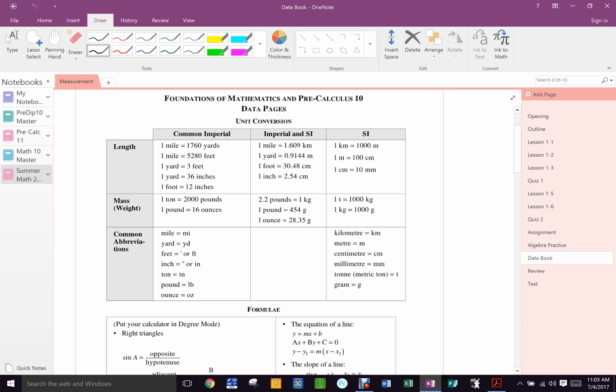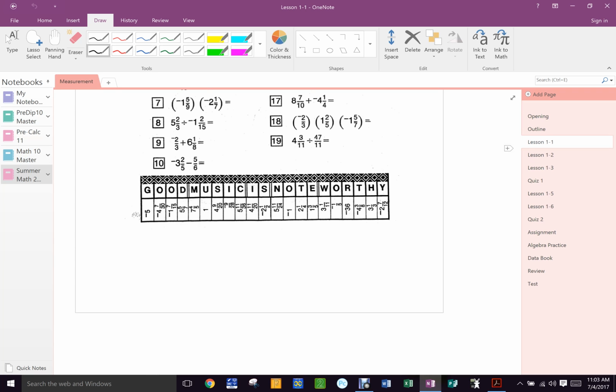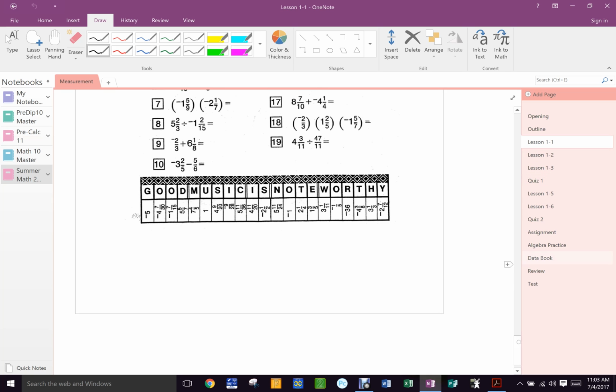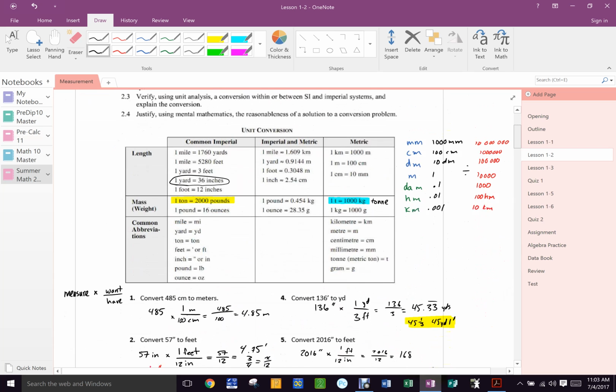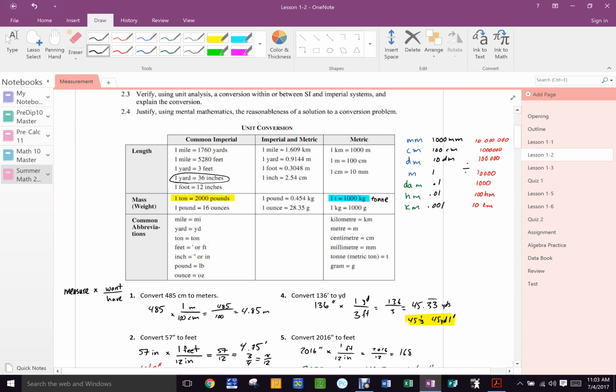But I don't have foot to meters, do I? But I know that centimeters are how many decimal places away from meters. How many steps did we go on this to get from meters to centimeters? 2 steps. So the decimal place has to move how many places? 2.